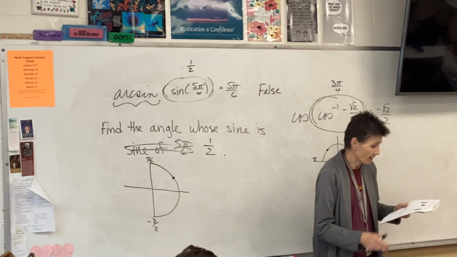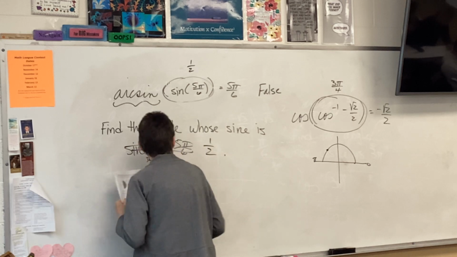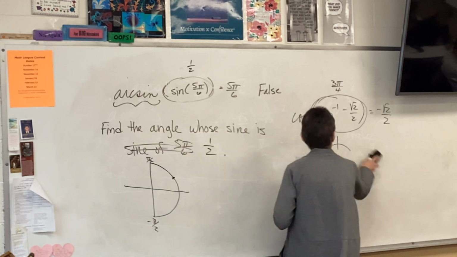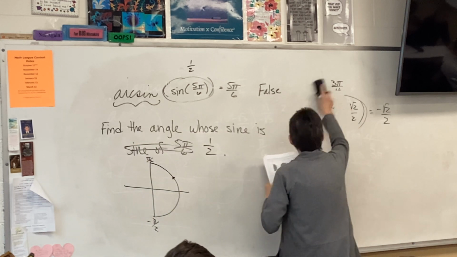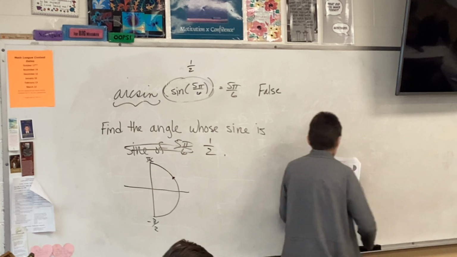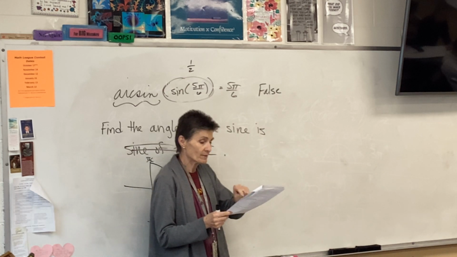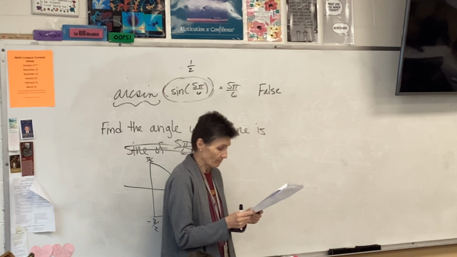Quickly, we don't have much time. Remembering that number A, for example, says, find the angle whose cosine is negative root 2 over 2. The answer to each of these is an angle.